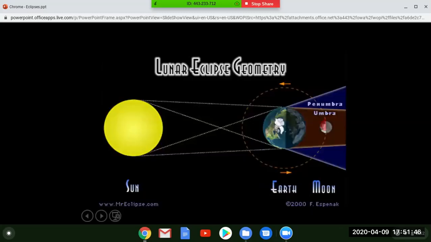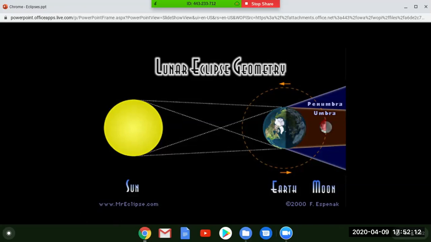Now, for lunar eclipse geometry, and sorry, it's kind of off here a little bit as far as what you're seeing. Remember, for a lunar eclipse, you have to have a full moon. You have to have the moon also in the Earth's shadow. Now, the moon is not always going to go through the Earth's shadow. A lot of times the moon misses the Earth's shadow because of that 5-degree tilt of the moon's orbital plane to the ecliptic plane.